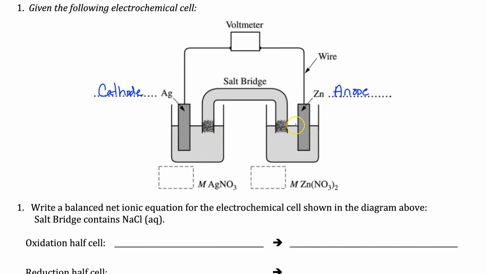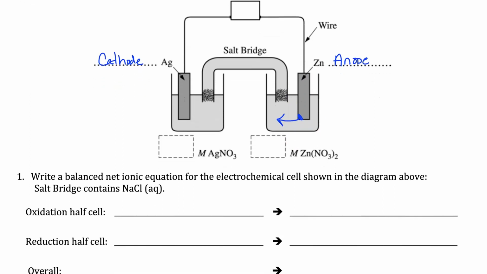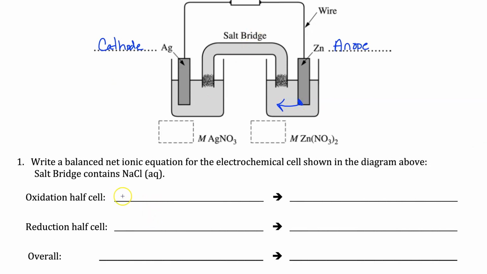What's going to happen is a piece of zinc is going to oxidize, and so I can start writing my half reaction here. I know that zinc 0, the oxidation, An Ox, is occurring at the anode. Zinc 0, which is a solid metal, is going to become zinc plus 2 plus 2 electrons. You may ask, how do I know it's zinc plus 2 and not some other charge?